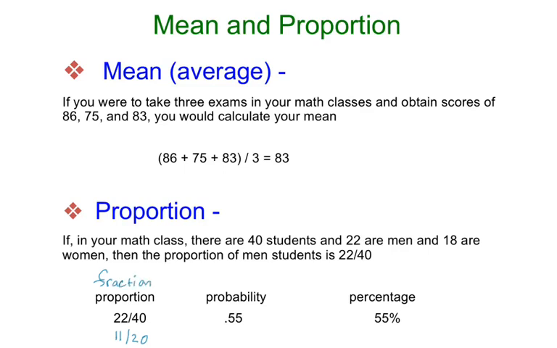Okay. And a fraction really just means division. So if we divide those, we'll get a probability and we'll actually get 0.55. And so this is kind of the decimal. And if we move that over, your decimal, we're probably used to moving it over two places, that's what we call a percent. And so a percent is always out of 100, right?